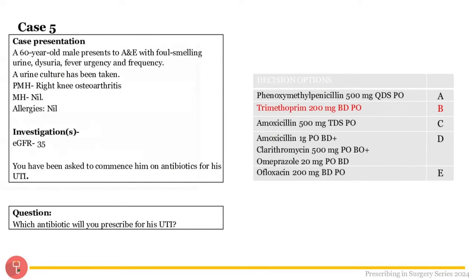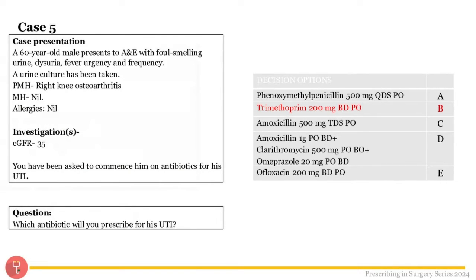So the reason why it's not A is because phenoxymethylpenicillin 500 milligrams QDS is used for acute sore throat. The reason why it's not C is because amoxicillin 500 milligrams TDS can be used in UTI, but it tends to be used in catheter-associated UTI at first line if culture sensitive, or second line in non-pregnant women or pregnant women.